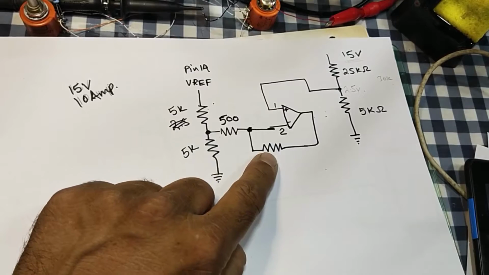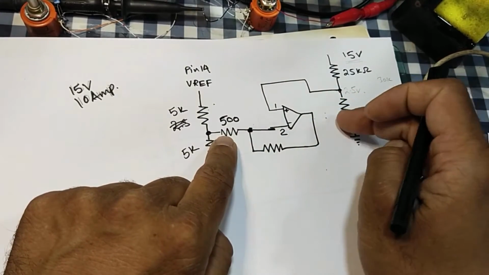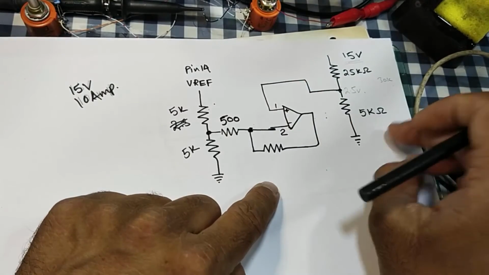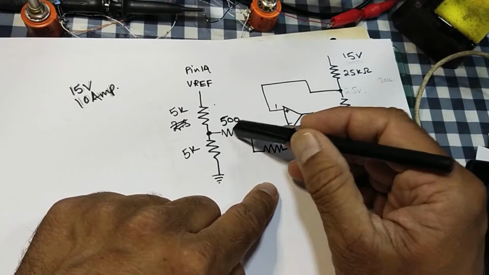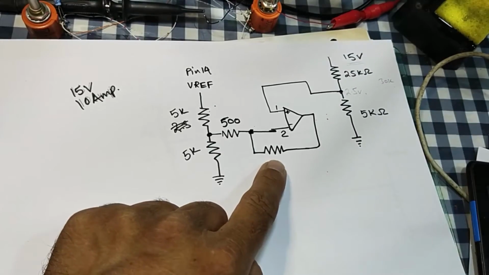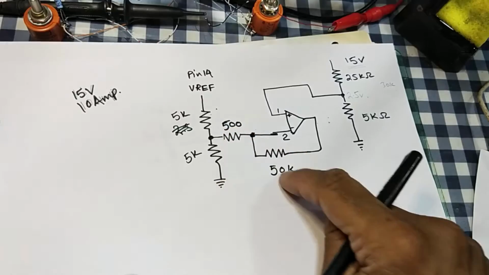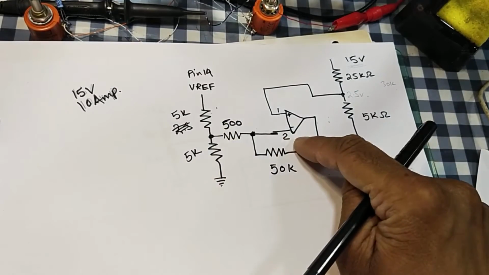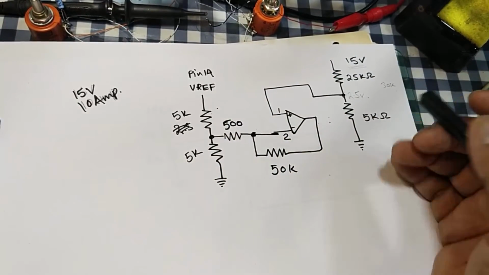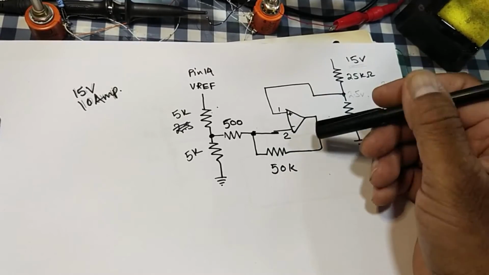And if we need approximately 100 to get a good regulation from this regulator, 500 multiplied by 100, so it will be around a 50k resistor. So this ratio should be 100 or 101. If we set 101, it will be 50.5k.